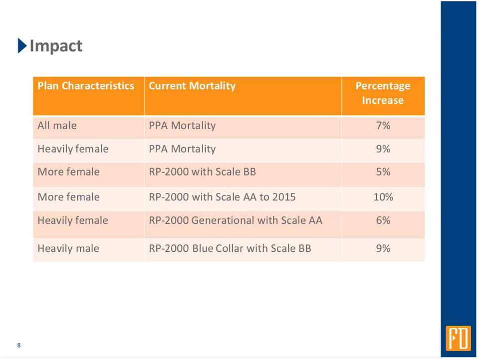So, if we take a look at it, what does this actually mean, this new table? So, I've provided several examples here, and so listed the plan characteristics. What we've seen is, as I mentioned, the mortality improvement for females has been greater than that for males. So we're seeing generally a bigger increase for our female populations.